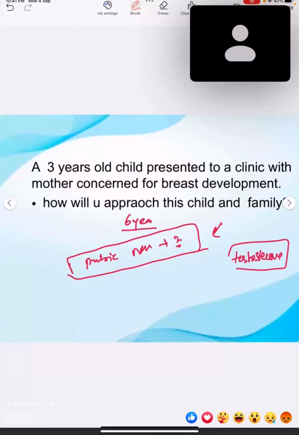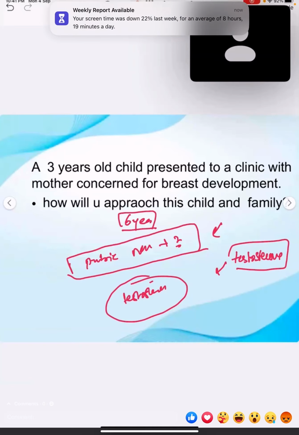In case of a female presenting with pubic hair at 6 years of age, what is the source of the testosterone in female? Where is it being produced? Leydig cells in female?